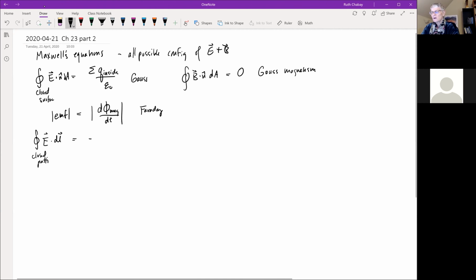It is the time derivative of the magnetic flux, which of course is B dot n hat dA on the surface bounded by the path.